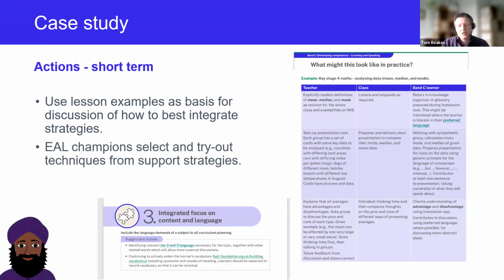And the EAL champions then can select and try out some of those techniques that they think will be most useful for them in their context. And those ideas can be shared with the ECT mentors as well, so that they can pass those on to the early career teachers.